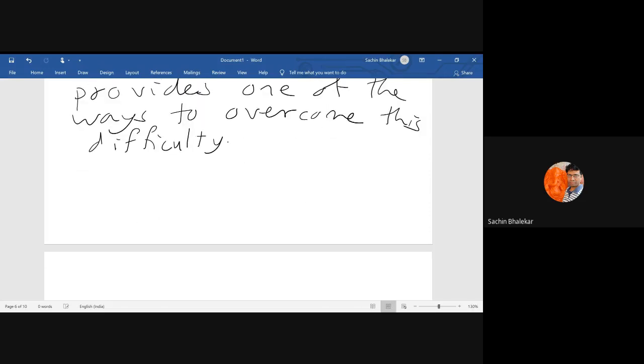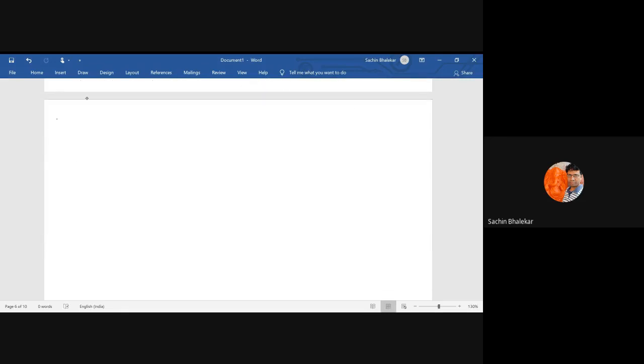Let us see the statement of the theorem. Theorem 2. This is also an existence and uniqueness theorem for the same class of equations.